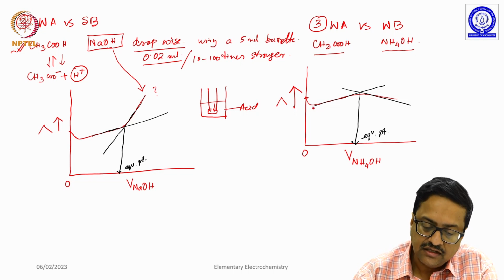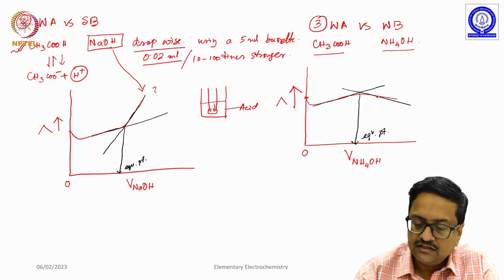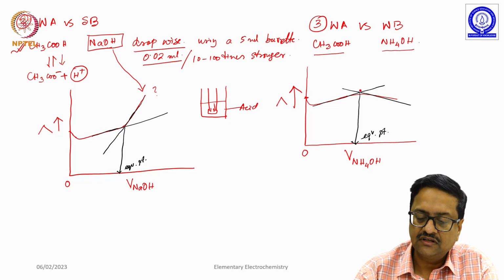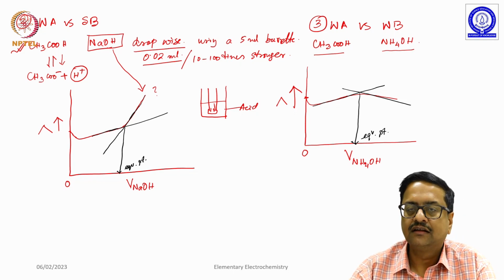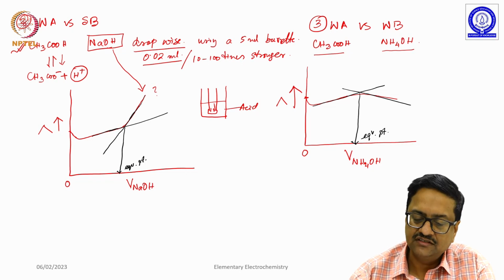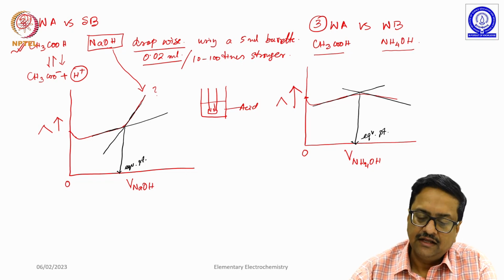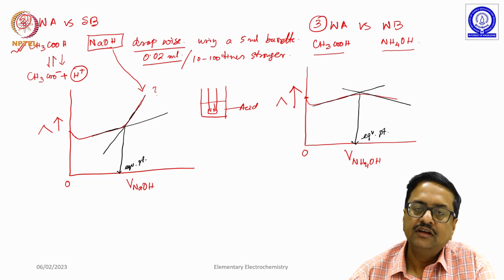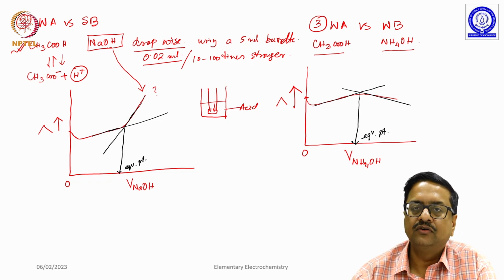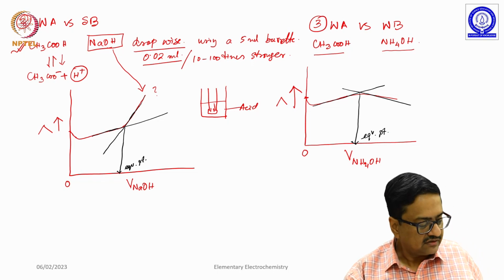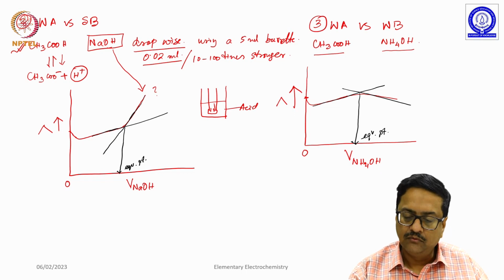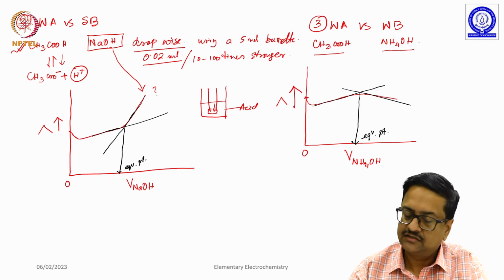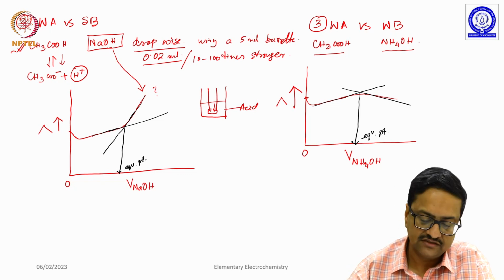This portion is same as that, and the right hand side portion, after the equivalence point, slowly decreases because ammonium hydroxide is a weak electrolyte and we are adding more and more of it, meaning the volume of the solution is increasing, and as a result the concentration is decreasing, hence the conductance is going to decrease. So this is what will happen with strong acid and weak acid and weak base combination.